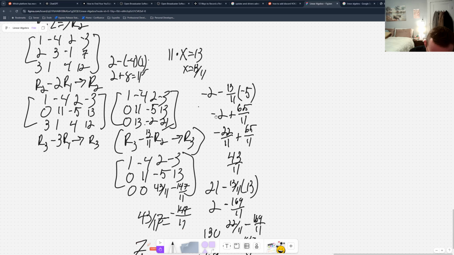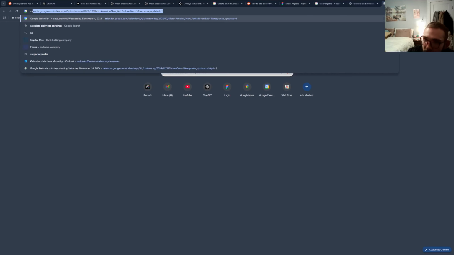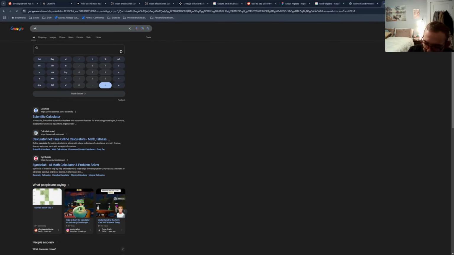So z equals 17 over 43 times negative 147 over 11, which seems wacky, but I guess this is the problem with ChatGPT. 147 times 17 divided by 43 divided by 11.